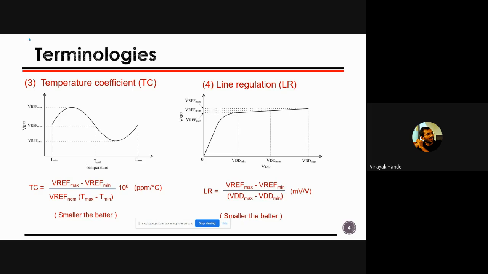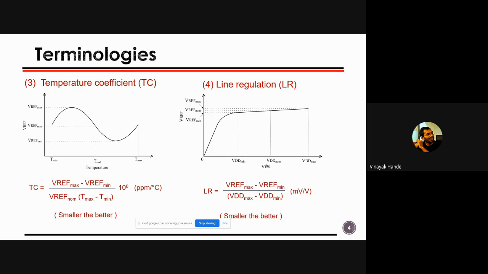Then on the right hand side, you can see the line regulation. In TC we vary the temperature, but in line regulation, as the name says, we change the supply voltage and see how much the reference voltage varies with that, and the unit is millivolt per volt.